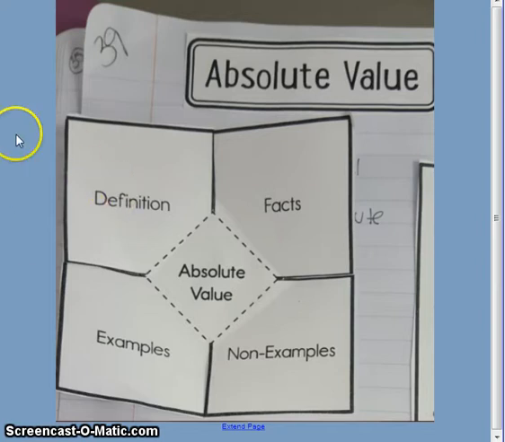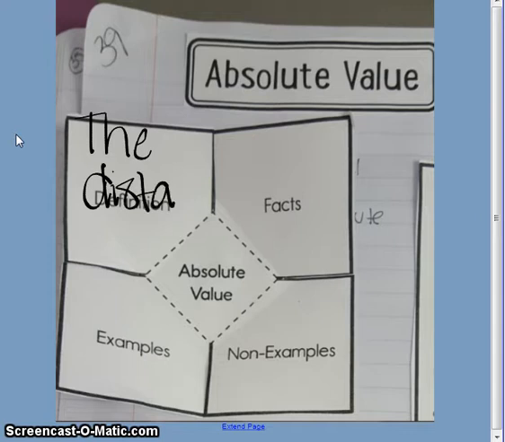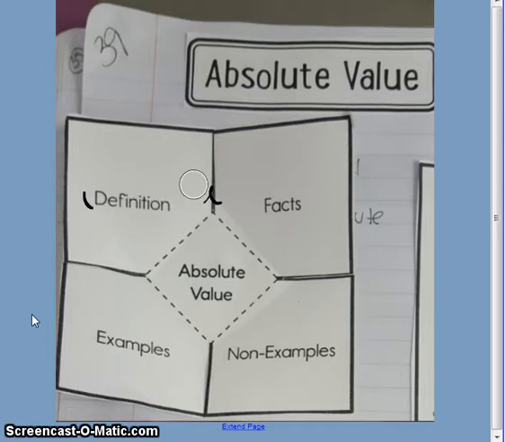So here, the definition of what absolute value is: the distance. I'm going to go ahead and erase all of that and try it again.